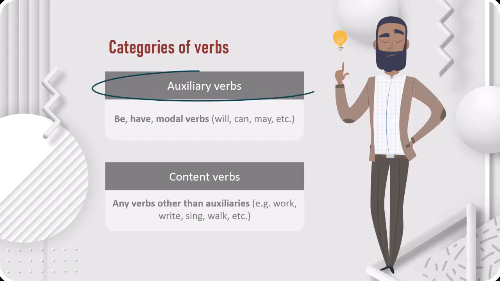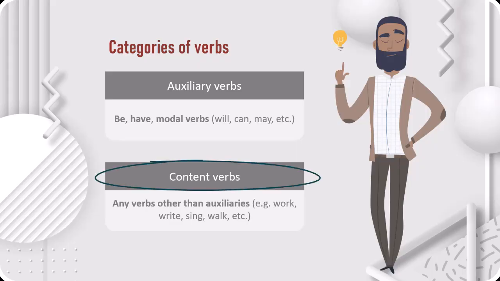We have the auxiliary verbs, that are the verbs to be, have, or modal verbs such as will, can, may, should, shall, etc. And on the other side, we have content verbs. Content verbs are any other verb that are not auxiliary verbs. These are the verbs like work, write, sing, and so on and so forth.